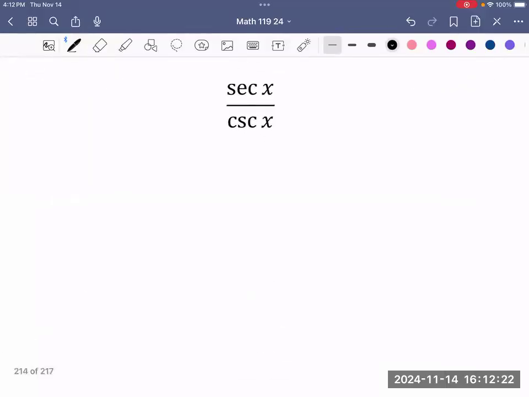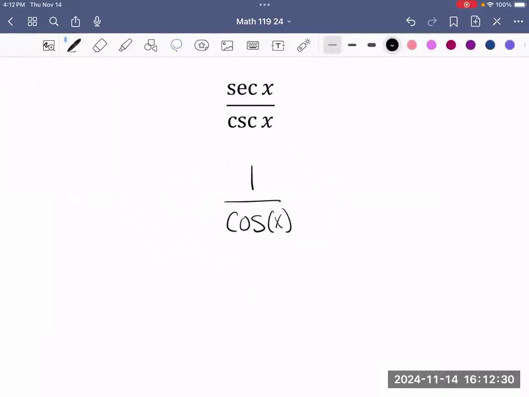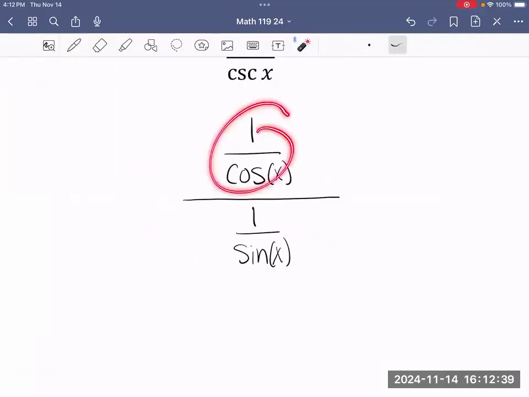So we have secant of x, which is 1 over cosine of x. I wrote that to the side. Over 1 over sine of x. Now, can we leave it like that? No, right? You have a fraction over another fraction.